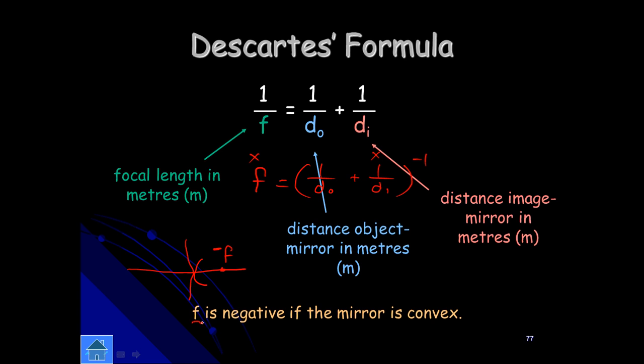This is the mechanism that examiners use to catch students out, because the mathematics is relatively straightforward. And the other thing that they do is that DI is negative if it's virtual.